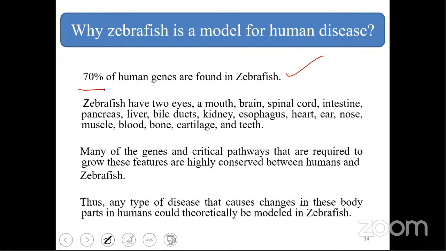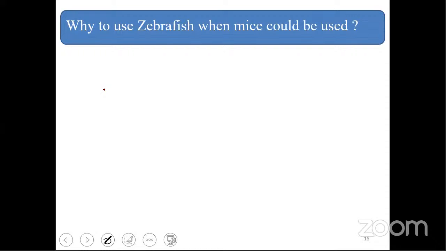Many of the genes and critical pathways required to grow these features are highly conserved between humans and the zebrafish. Thus, any disease that causes changes in these body parts in humans could theoretically be modeled in the zebrafish. So that's the reason scientists have picked this species as a model.